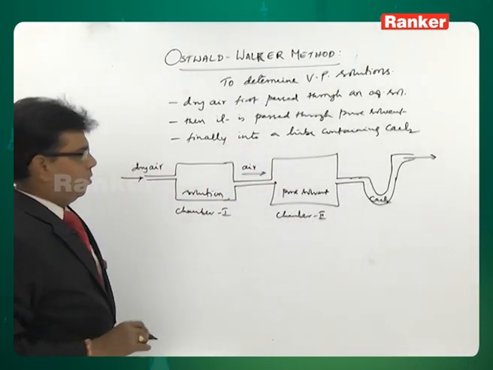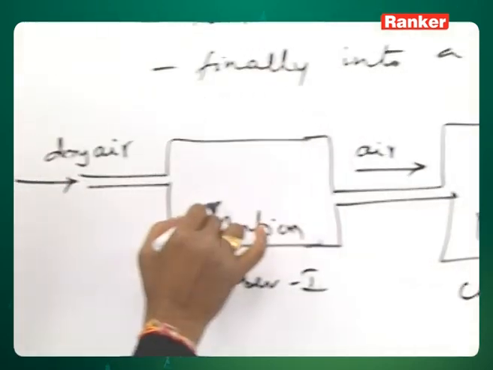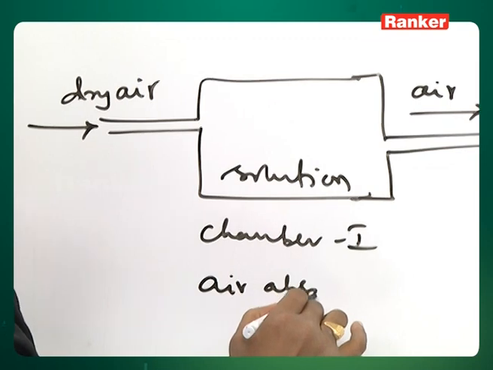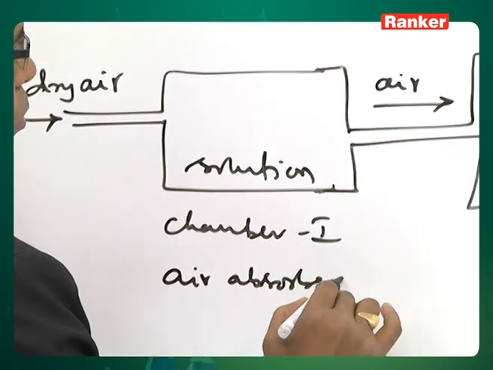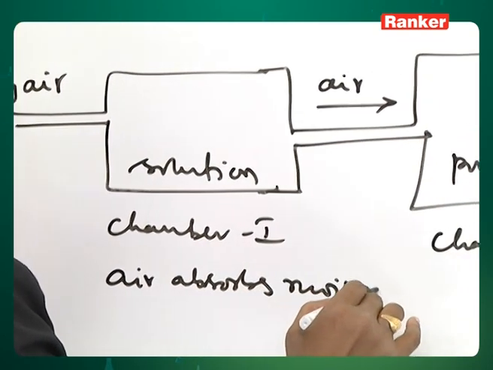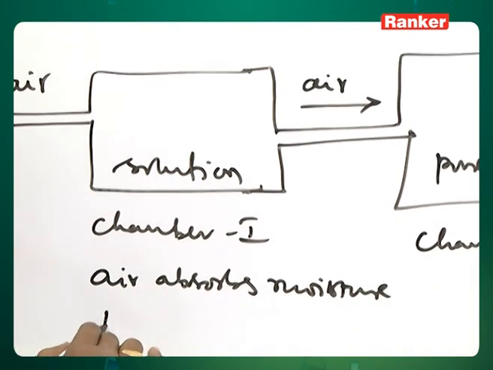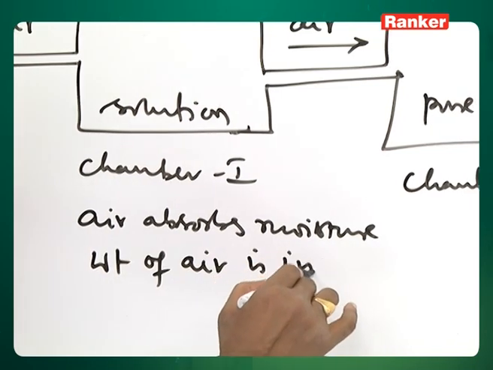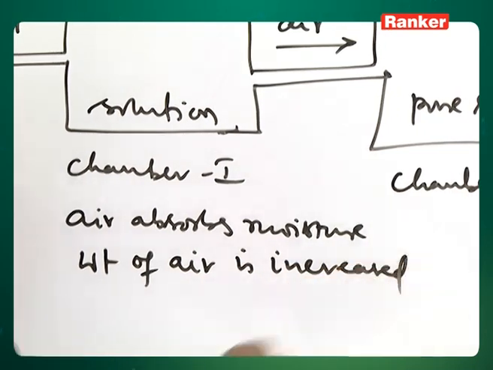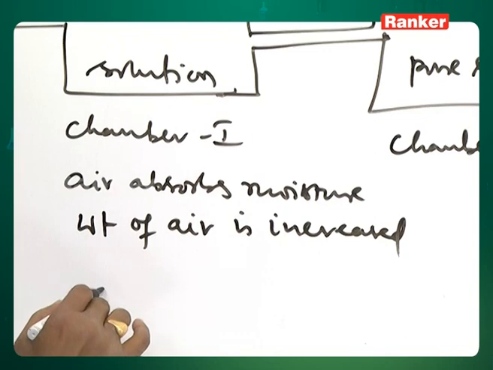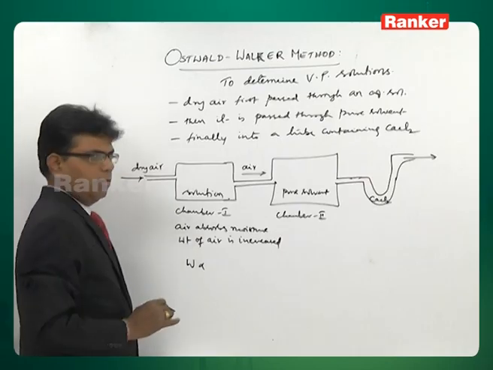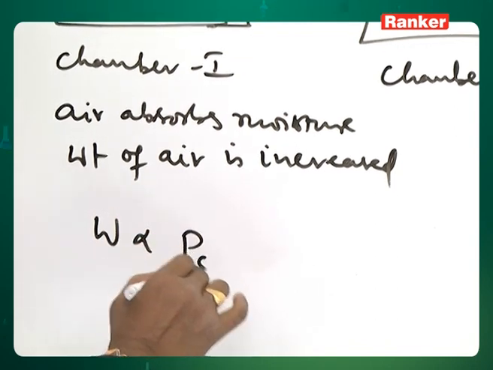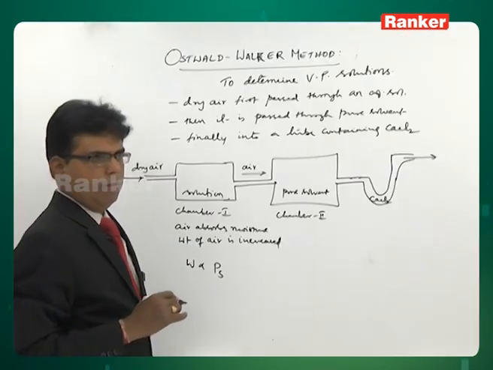What happens is, when you pass dry air over here, the air absorbs moisture. As a result, the weight of the air is increased, and this weight, whatever is increased, is proportional to the vapor pressure of the solution.